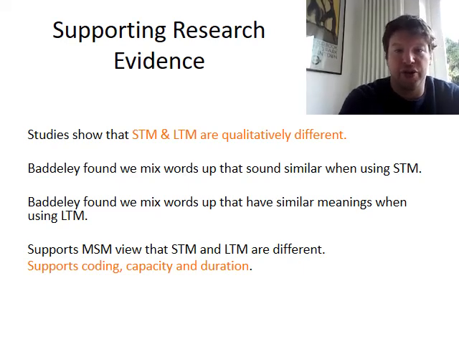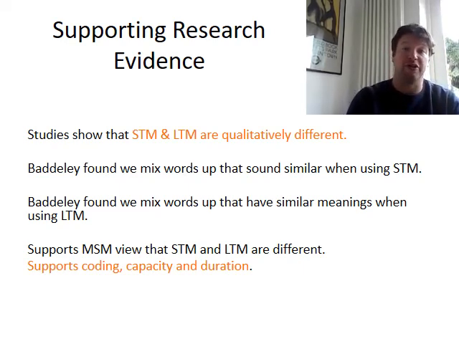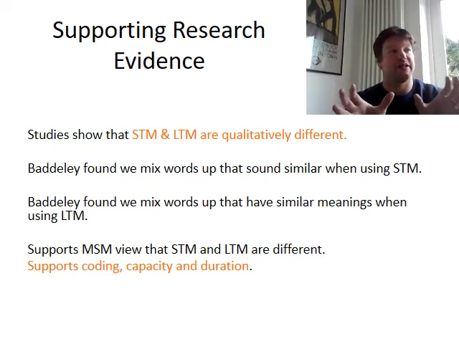Okay, studies show that short-term and long-term memory are qualitatively different. What that is saying is, short-term and long-term memory, probably for as long as you've heard those terms, have been shown to be different, which is fine. But that has validity basically because of these studies we can show.